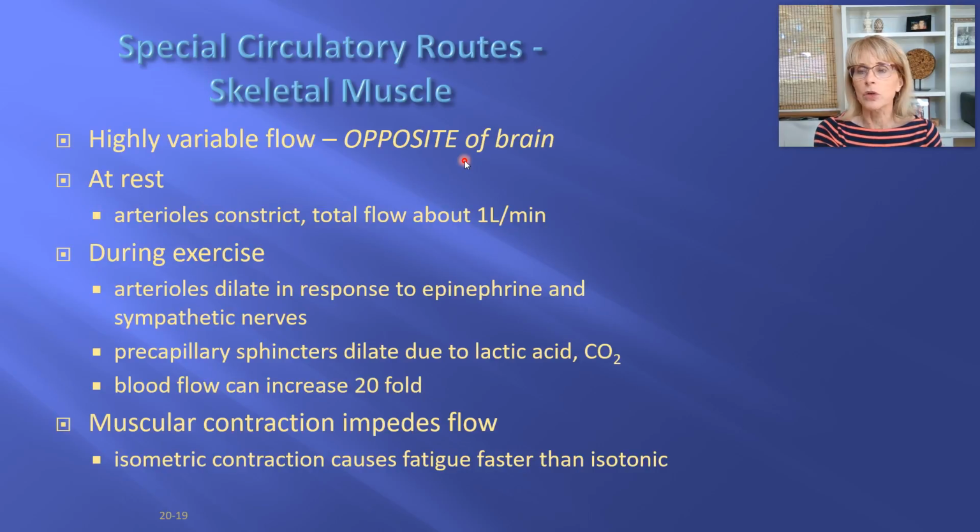It doesn't even increase twofold, not even that. So you can see how very different it is. All right. The arterioles dilate in response to epinephrine because of beta-2 adrenergic receptors. And so that is our special circulatory route, the skeletal muscle. We're going to do the other 2 circulatory routes at the beginning of our next video.